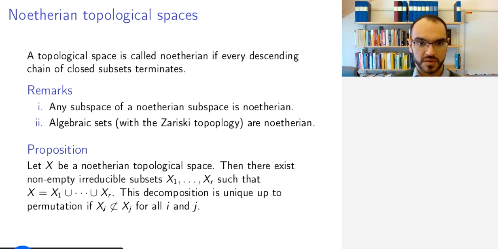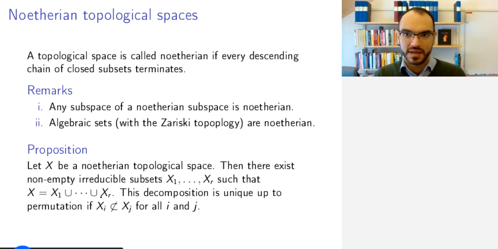And if you make sure that you remove any subsets contained in other subsets, then up to permutation, this decomposition is unique. So I will give a short oral sketch of the idea of the proof. So why does such a thing exist? You might want to pause and think before you listen.